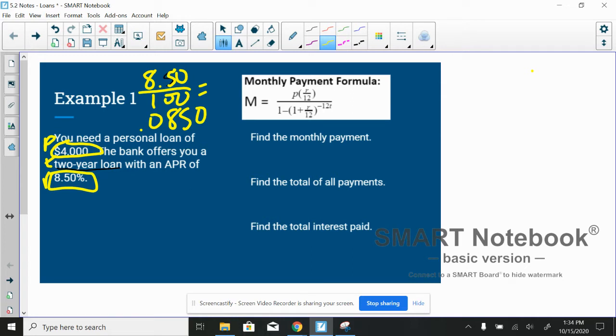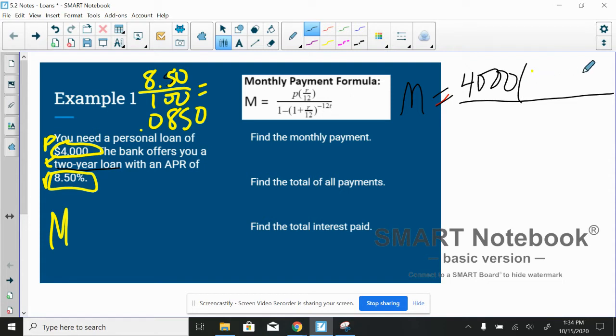So I'm going to go ahead and plug into my formula. Actually, you guys, I'm going to do it over here on the side. I apologize. So that monthly payment is going to look like this fraction: 4,000 is my principal value times the rate divided by 12. So I'm going to use 0.0850 divided by 12.